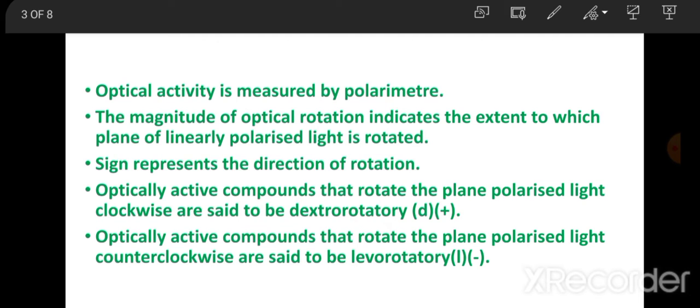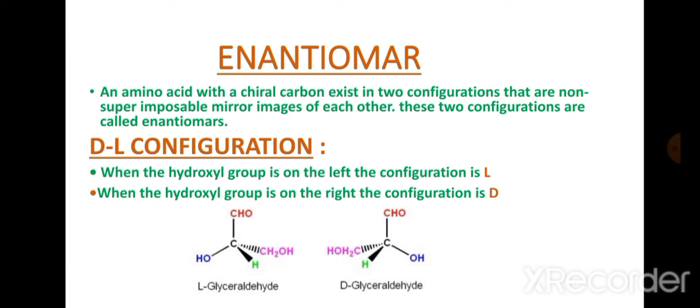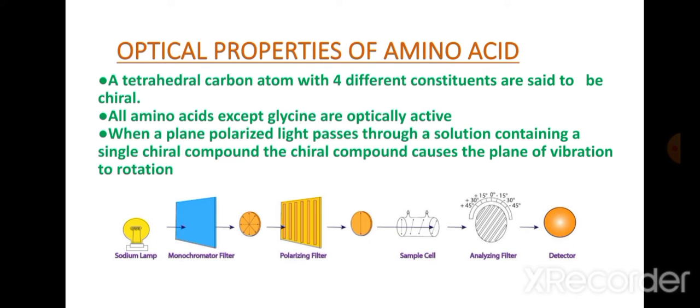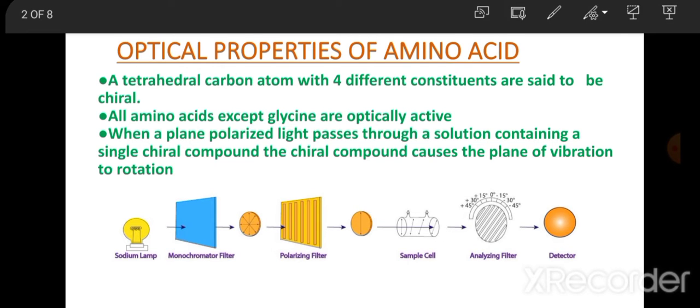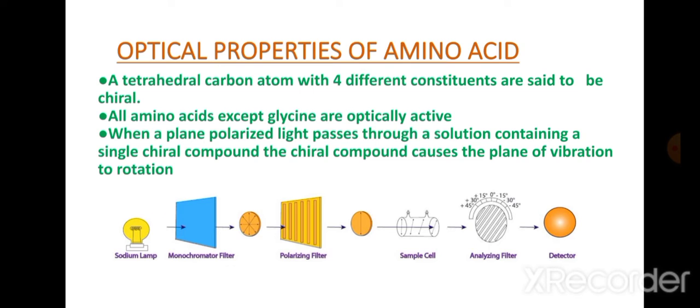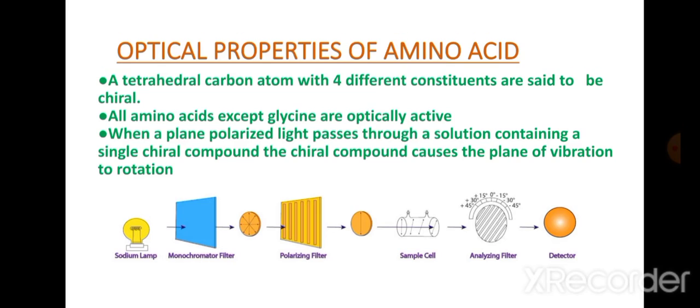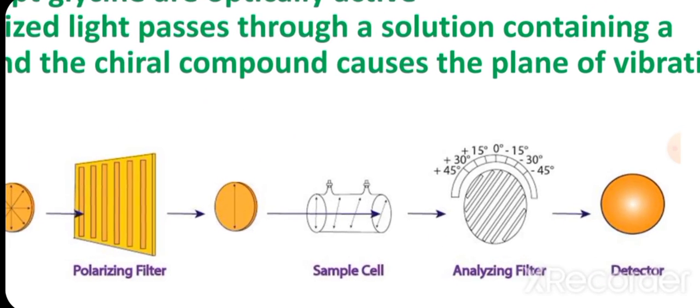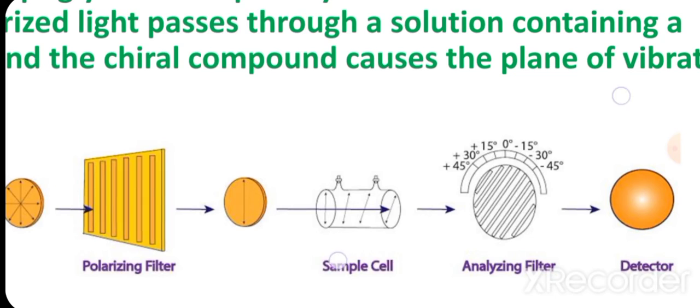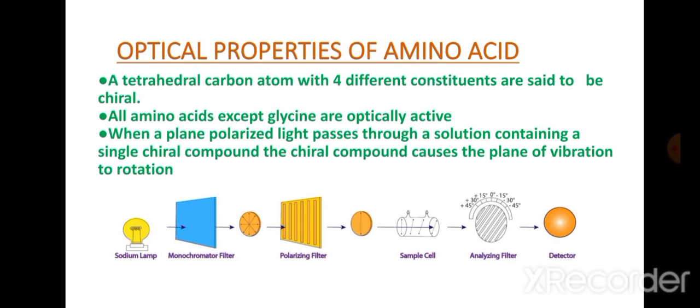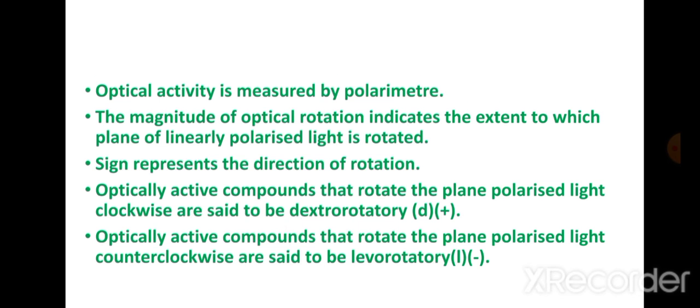The sign represents the direction of rotation. Here you see, on this side a plus sign and on this side a minus sign. This sign tells us what the rotation is, whether it is right side rotation or left side rotation.